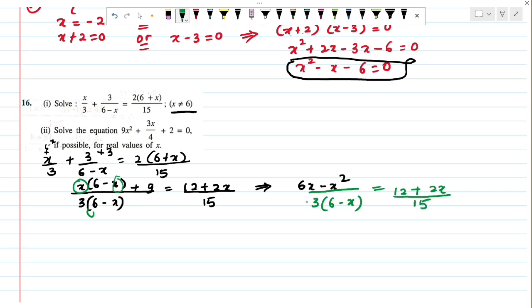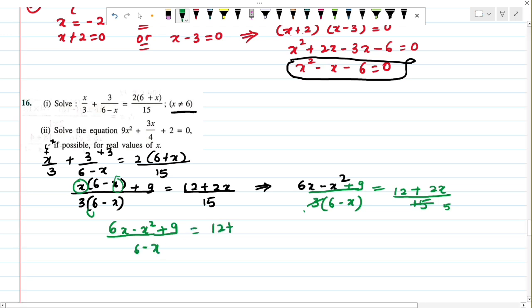So shall I cancel this 3 and this 15? 3 ones are 3, 3 5s are 15. So I'm left with (6x minus x squared plus 9) divided by (6 minus x) equals (12 + 2x) divided by 5.